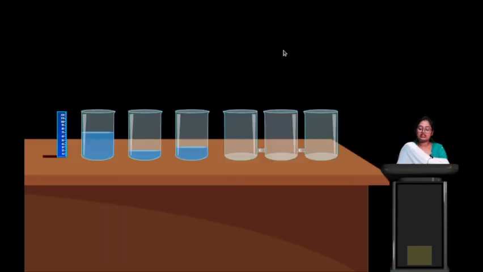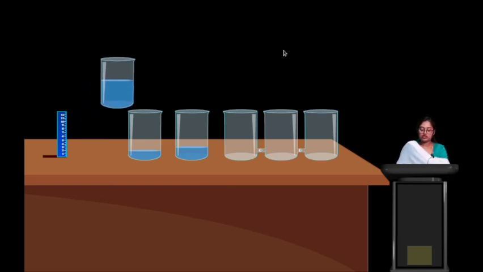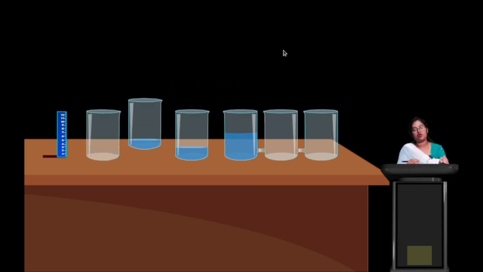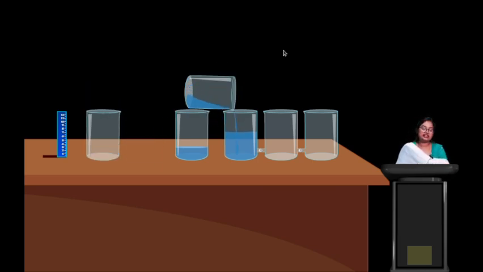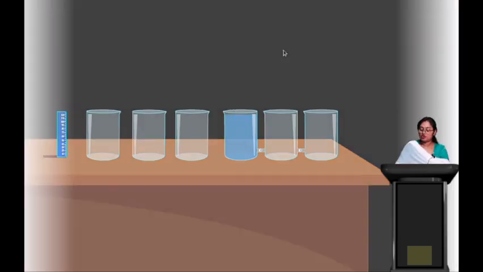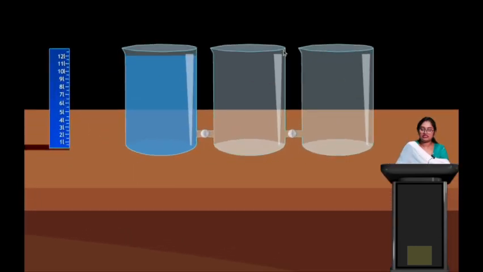Here you can see there are 3 beakers connected by valves. I will pour all the water into the first beaker of these 3 beakers. Students, can you guess how much water is in this beaker? What you have to do is add the quantity of water which the 3 beakers had, isn't it?